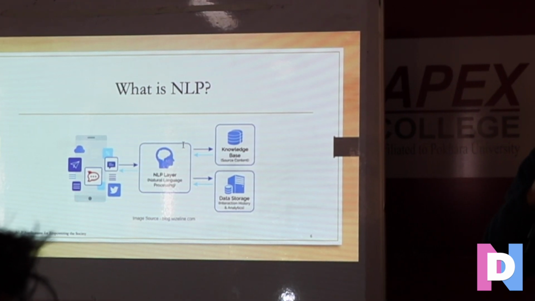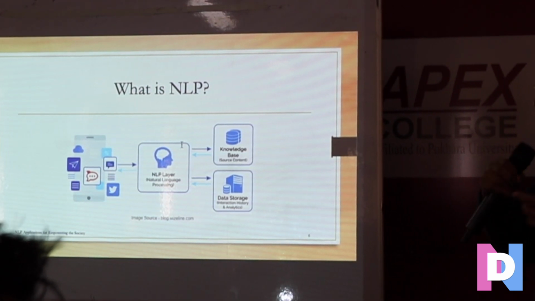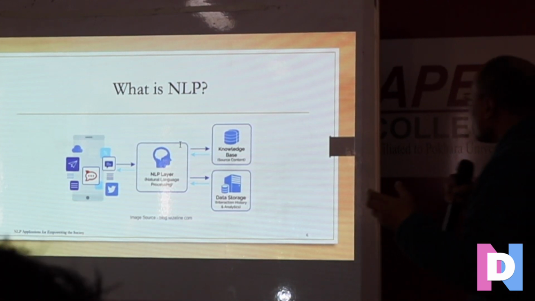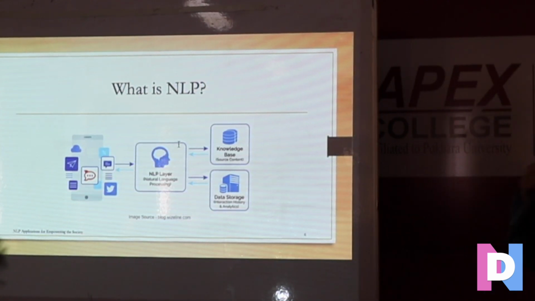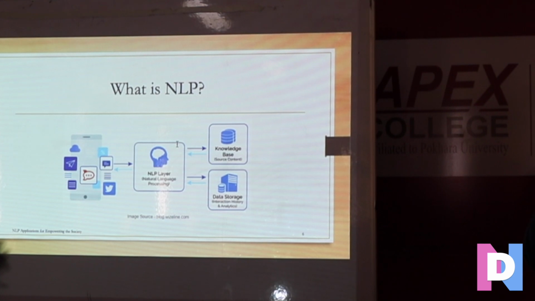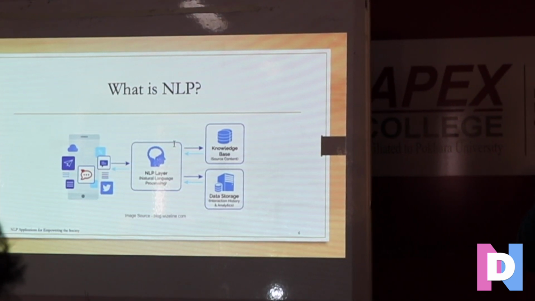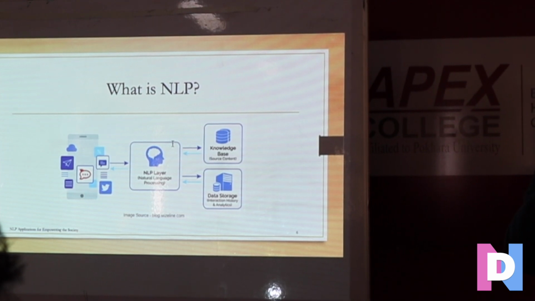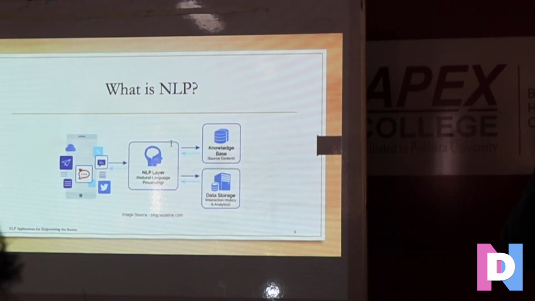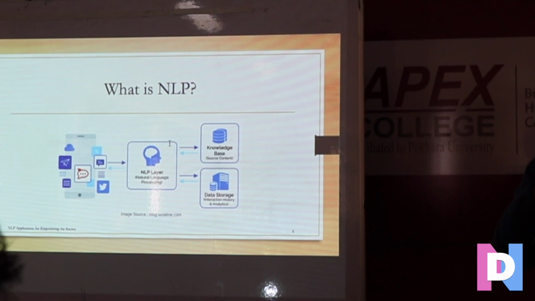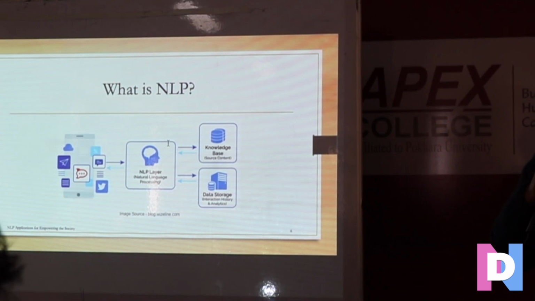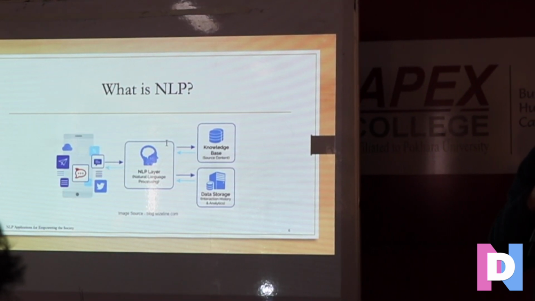There has to be a natural language processing layer, and then there would be a knowledge base. The knowledge base basically includes, let's say, dictionaries, or it could be some rules, and rules meaning not just simple rules, but it could be inferential rules as well.